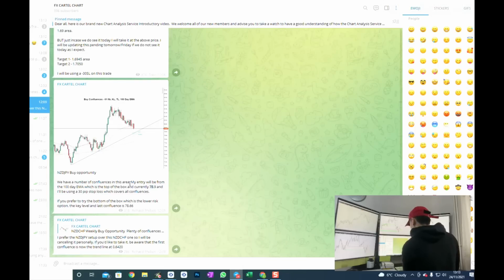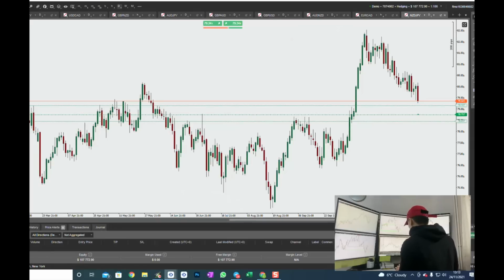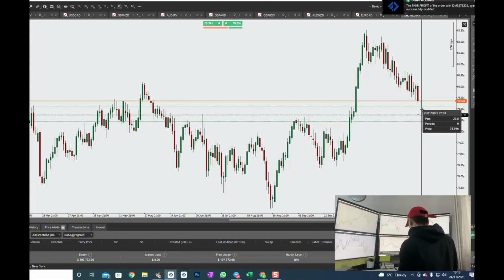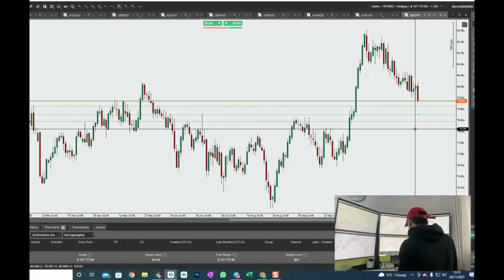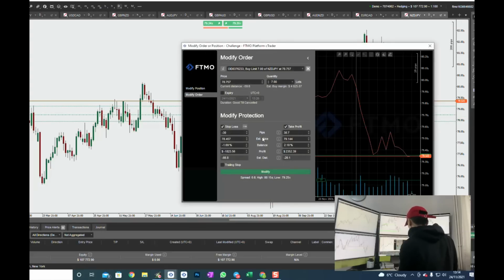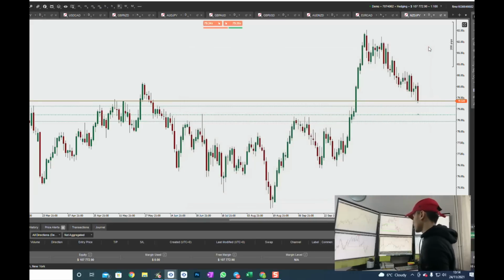Did we put any targets? No, we didn't put any targets on, but that's fine. I'll just get a target myself. So this bounce should get a bounce from here. Yeah, that should be absolutely fine.